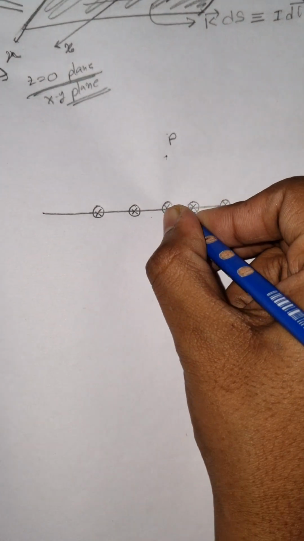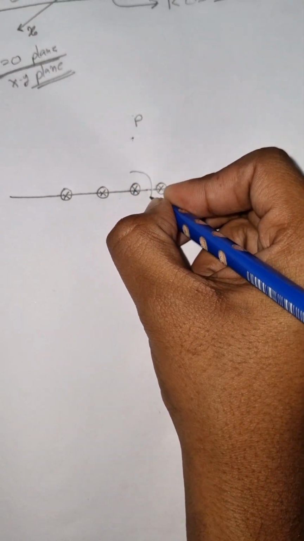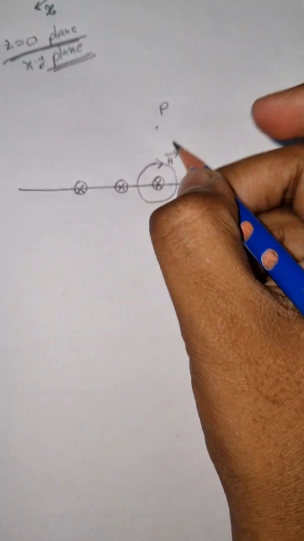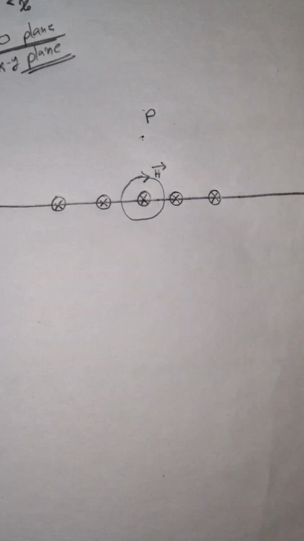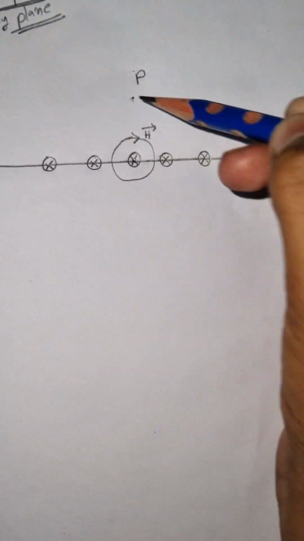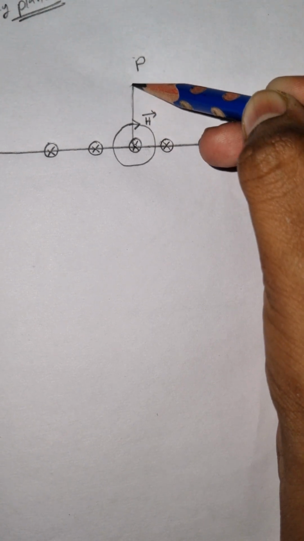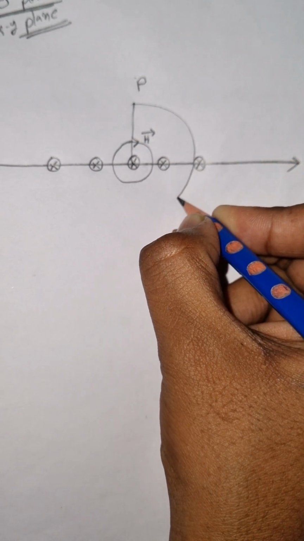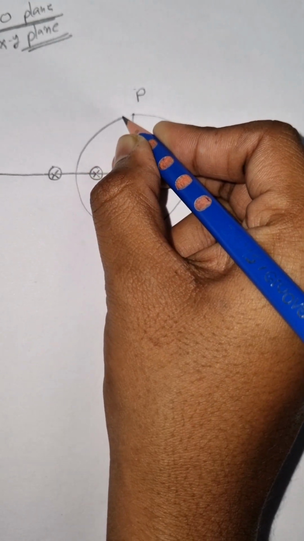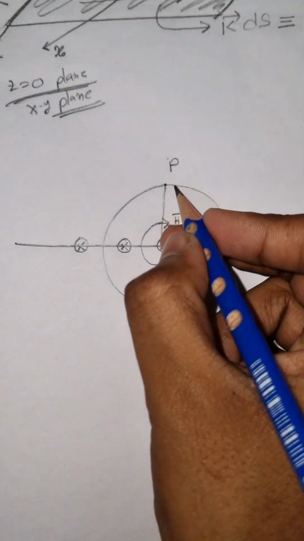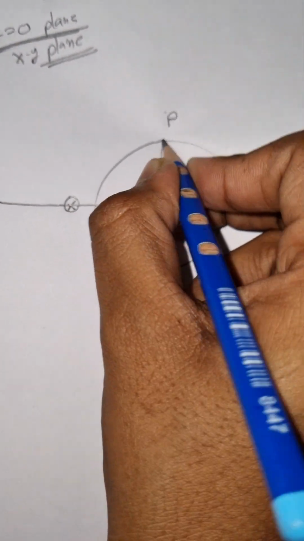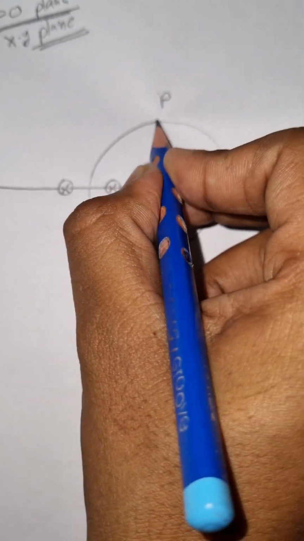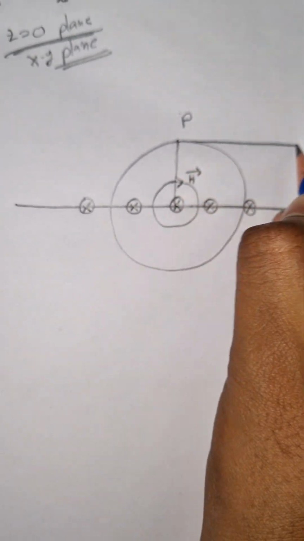So for this element, this is the direction of H. Now if I make the radius of the circle from this center to the P point, the H loop will be something like this. I know it's not a perfect circle, sorry for my bad drawing. So at this point, the direction of H will be tangential, which is this.